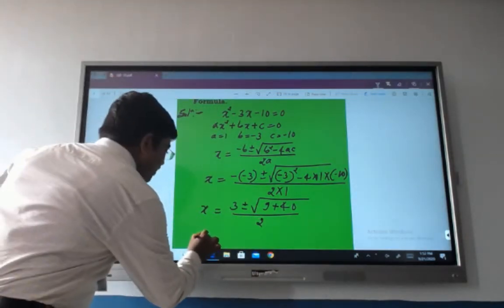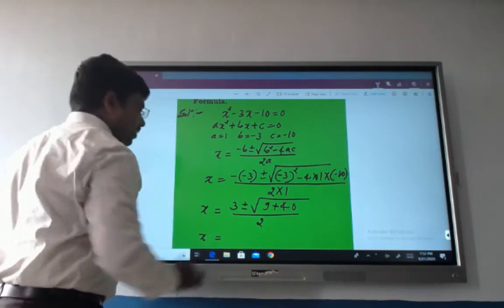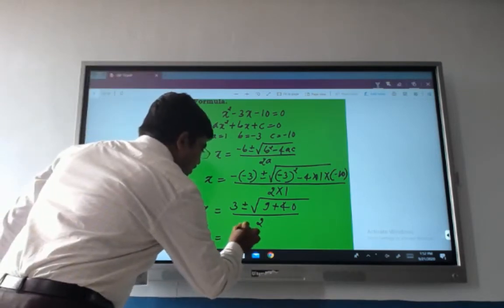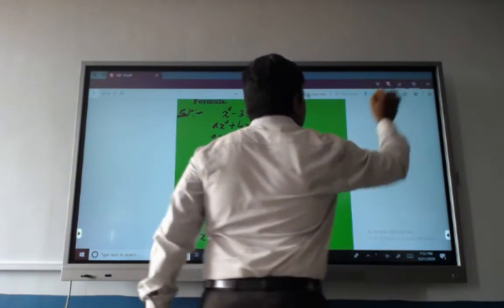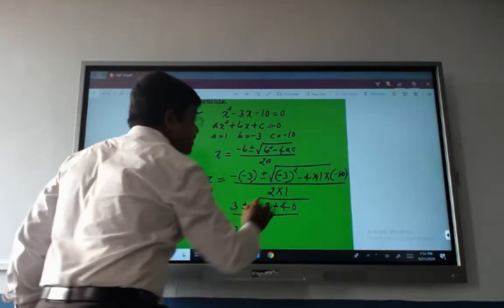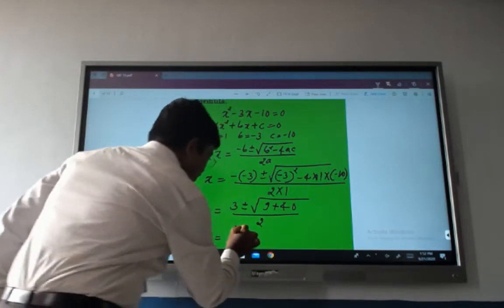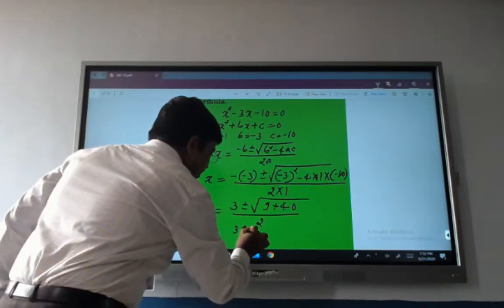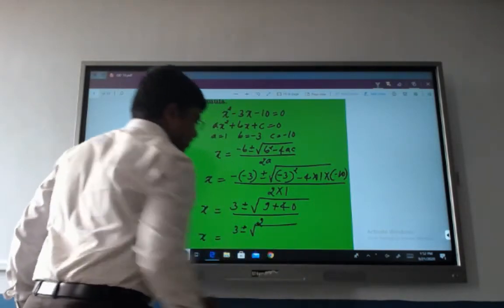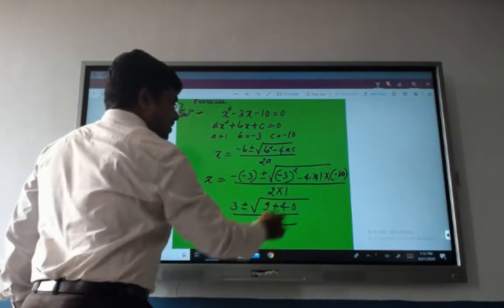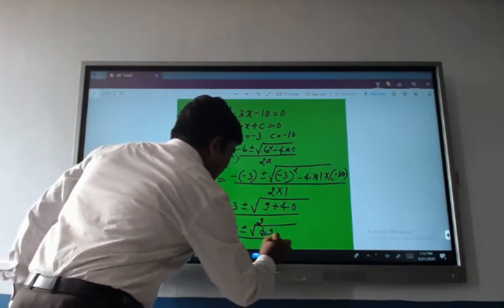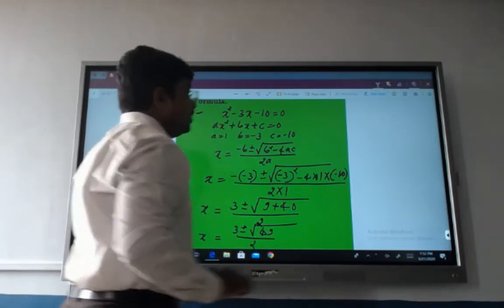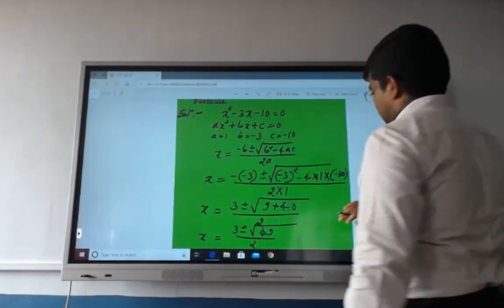Now we will continue here. X is equal to 3 plus or minus square root of. So 9 plus 40, that is 49. So whole divided by 2 we will get. Yes, we will continue.